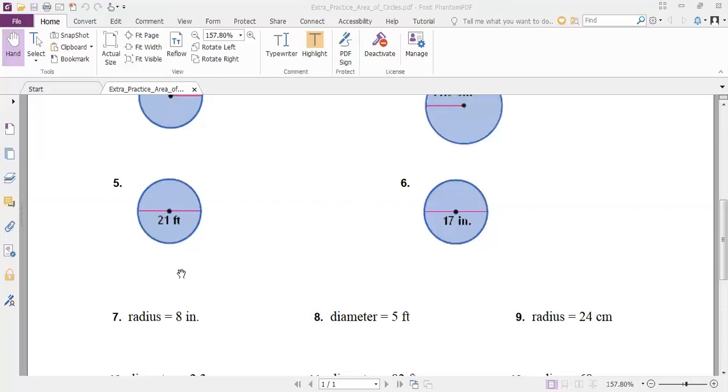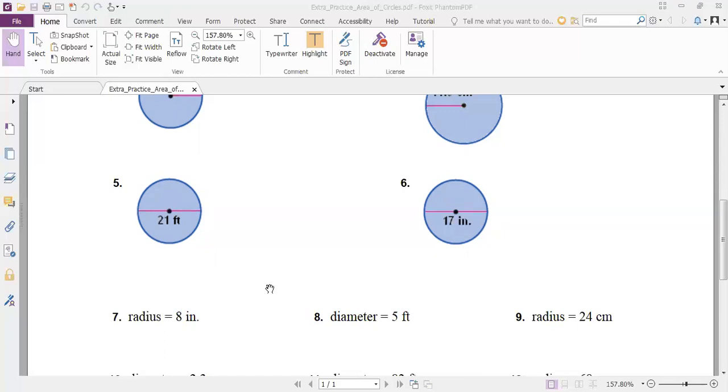You can put power 2, or multiply the number by itself. So 3.14, Muhammad, multiplied by 10.5 power 2, or 10.5 times 10.5.